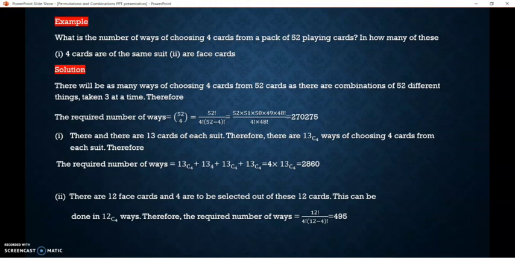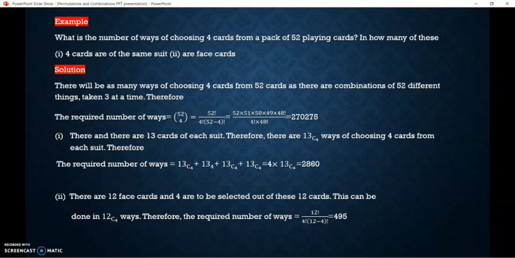Now, to look at this first question in here, four cards out of the same suit can be chosen in how many ways, right? So, I can choose four cards from spade, or I can choose four cards from club. I can choose four cards from diamond, or I can also choose four cards from heart, isn't it? So what happens is the total combinations, that's what I said. Whenever there's or, the combinations get added up, right?